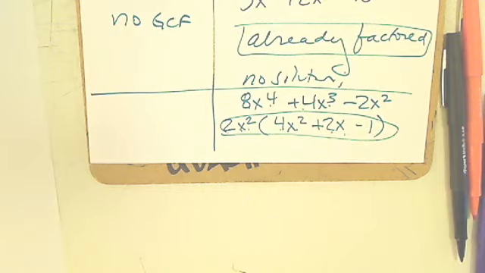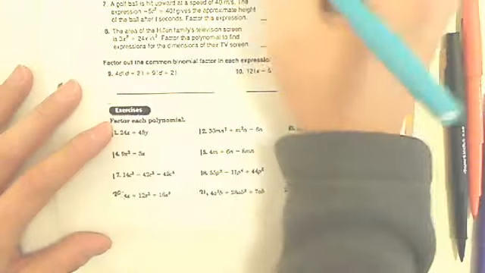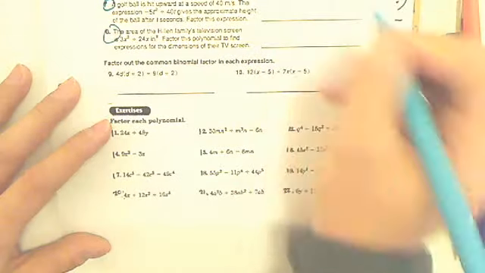I haven't taught the other stuff yet. All right, so, notes. Let's go back to the homework, please. Let's not do all of this because it's too many problems. Let's do number 3, 4, 7, and 8.